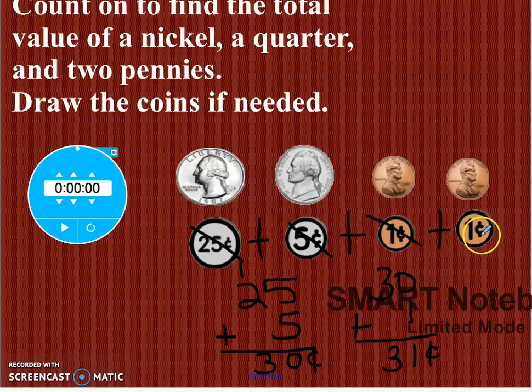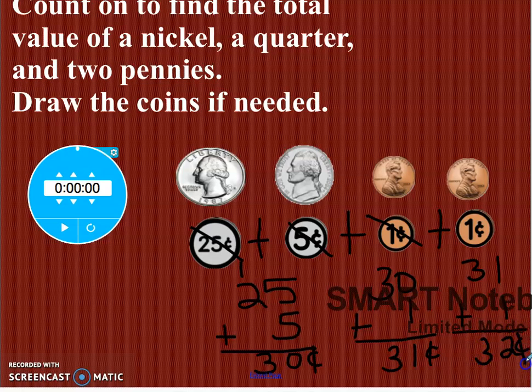Now we have to add 1 more cent. So we have 31 plus 1. Remember, we start with our ones place first. So 1 plus 1 is, yes, 2. And we bring down the 3.